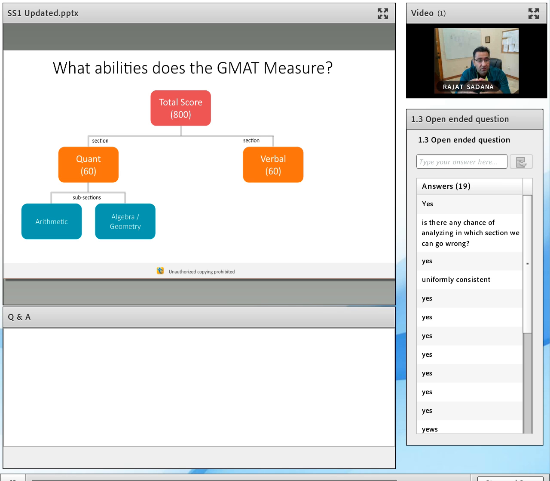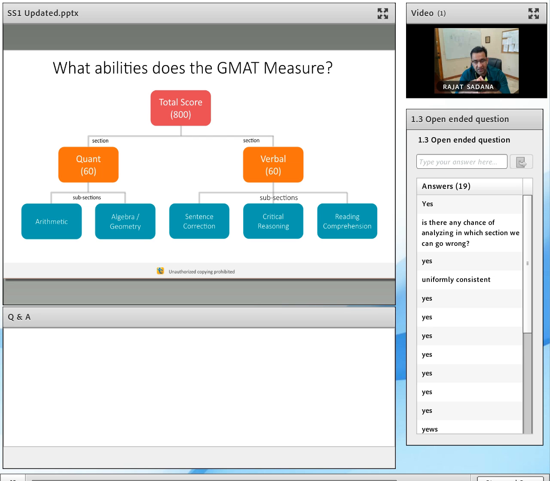Your quant score is composed of two different ability scores, one in arithmetic, the second in algebra and geometry. On the verbal side, you have three different ability scores, one each in SC, CR, and RC. So that score out of 800 is a combination of 5 ability scores. When you build your study plan, you're building it towards a unique combination of those 5 ability scores.